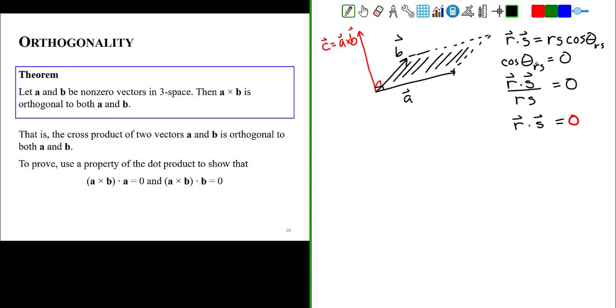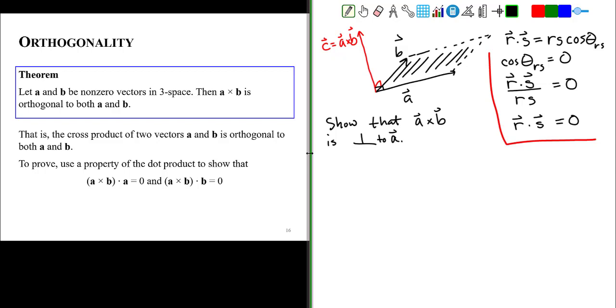So we'll first start with showing that A cross B is orthogonal, perpendicular to vector A. So let's start off with A cross B, and let's use the fact that we know that two vectors are orthogonal if their dot product is equal to 0.